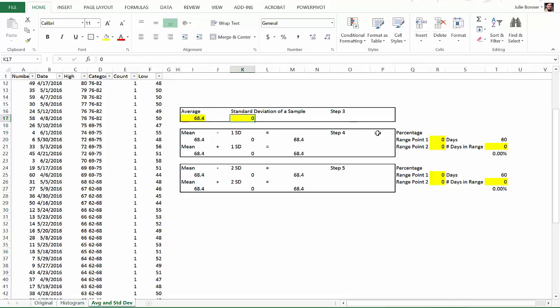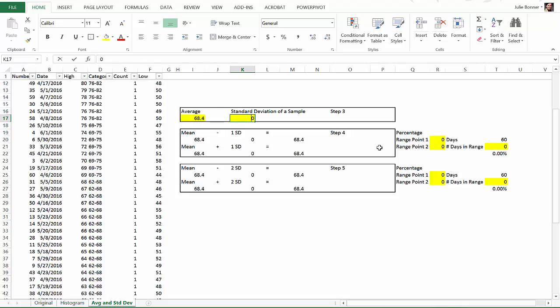Then what I want to do is get a standard deviation, and since this is not a population, this is a sample of just 60 days for Seattle, I want to do a standard deviation of a sample. Now, there are more complicated ways of doing this, but this is the fastest way to do it, and so let me show you how that works.